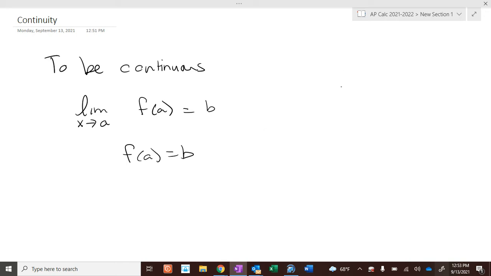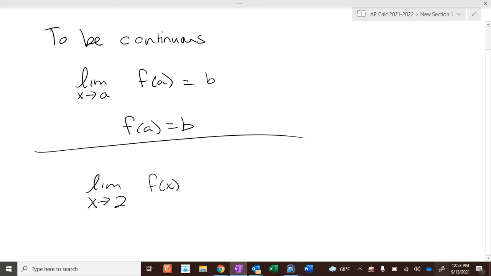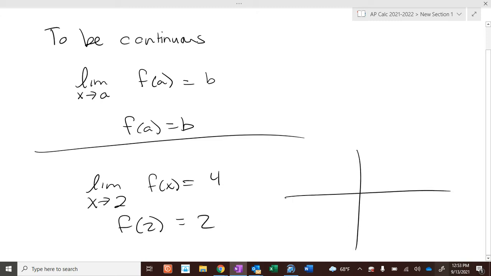So it's not continuous if the limit as x approaches 2 of f of x equals 4 when f of 2 equals 2. Now you're going, what does that mean?